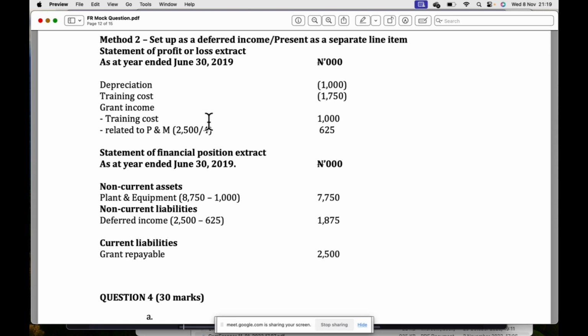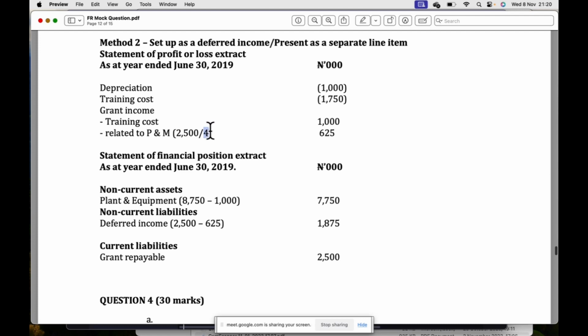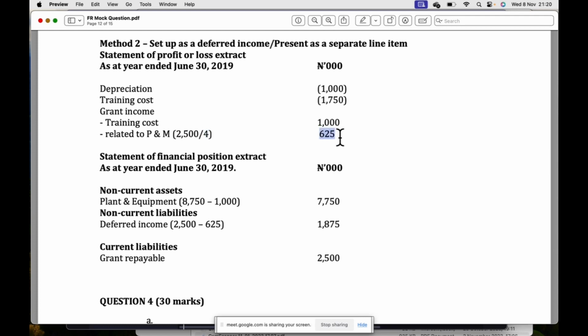Okay. So I was going to ask a question. I'm talking in respect of this particular one now that we said you should set up as deferred income. The government gave us 2.5. Since method two is that don't deduct from cost, but set it up as deferred, meaning the portion that relates to this year, we recognize it. So we prorated over 5 years. This is a mistake, should be 5 years. So we recognize 500.